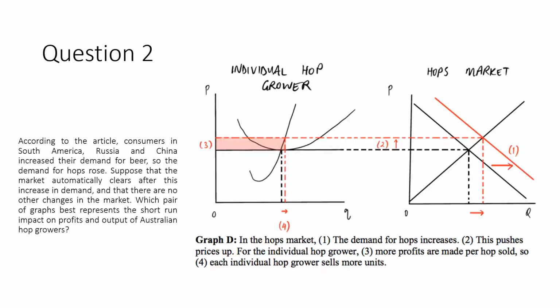For question 2, consumers in South America, Russia, and China increased their demand for beer, so the demand for hops rose. Suppose that the market automatically clears after this increase in demand and that there are no other external changes in the market. Which pair of graphs best represents the short-run impact on profits and outputs of Australian hop growers?